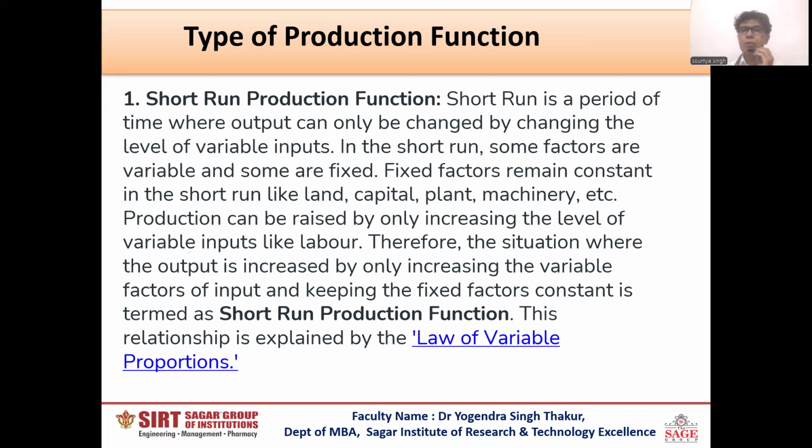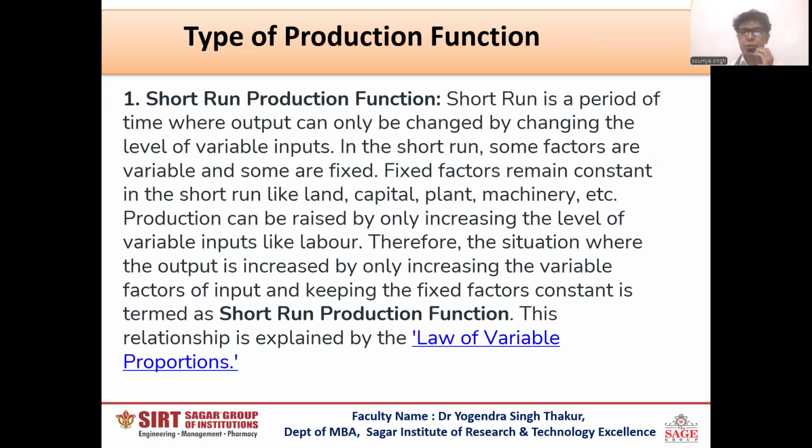First, we talk about the short run production function. Short run is a period of time where output can only be changed by changing the level of variable inputs. In the short run, some factors are variable and some are fixed. Fixed factors remain constant in the short run, like land, capital, plant, machinery, etc. Production can be raised only by increasing the level of variable inputs like labor.